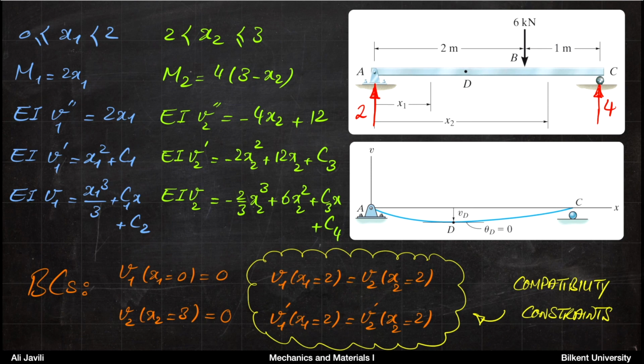So you can imagine if you have an elastic curve like this, and this would be point B, at point B, whether you calculate the deflection from, let's say, the right-hand side or from the left-hand side, the deflections must be equal. But not only the deflections, you can imagine the derivative of the deflections. The slope of the lines, they should also be equal.